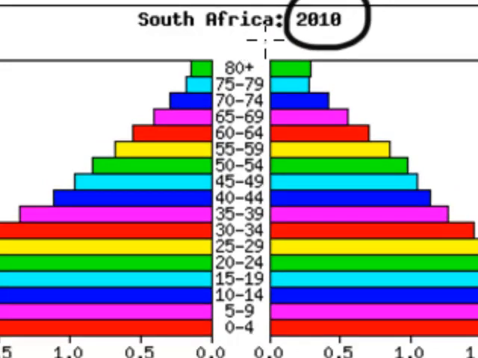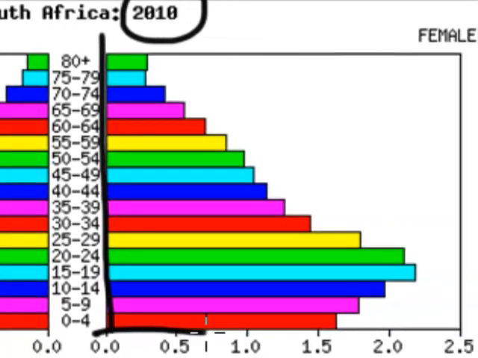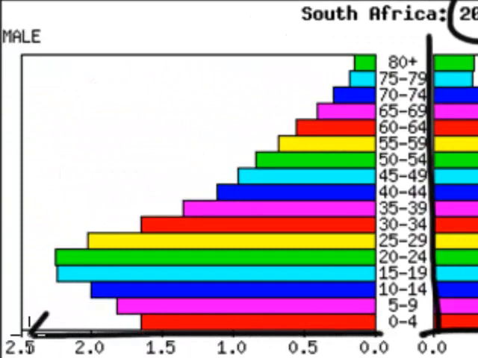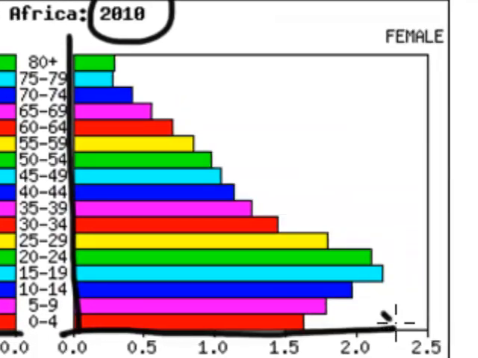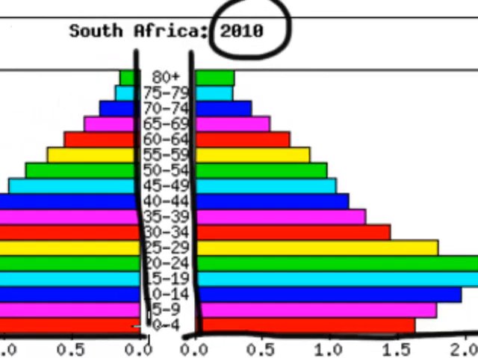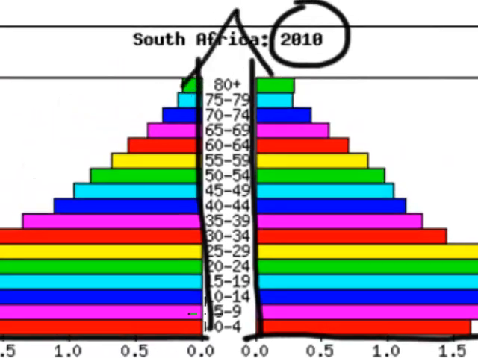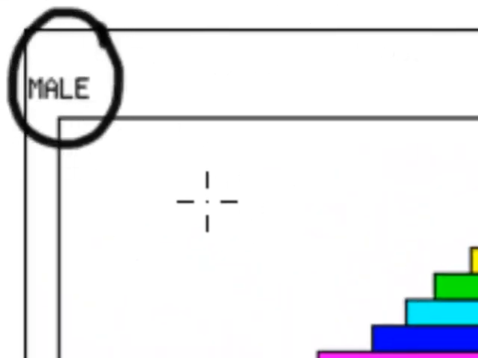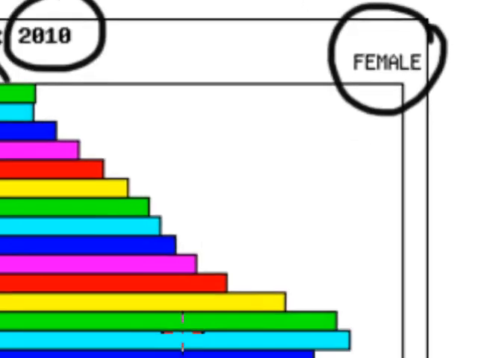Well, the graph has an x-axis that runs at the bottom of the graph to the left and to the right, and it has a y-axis that runs up the middle of the graph. To the left of the graph, we show the male population. To the right of the graph, we show the female population.